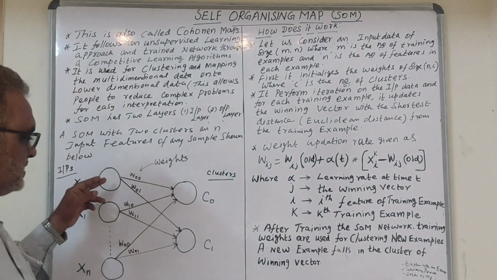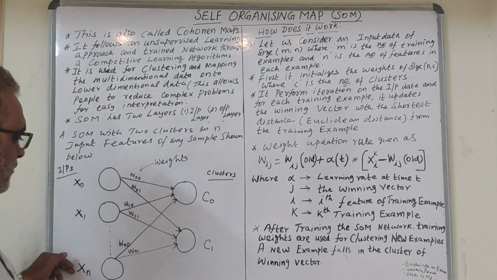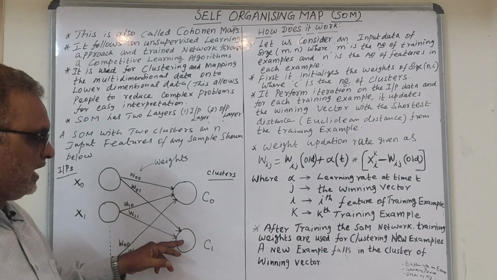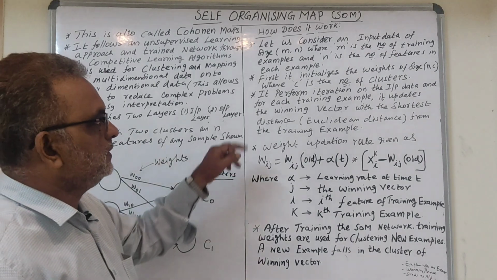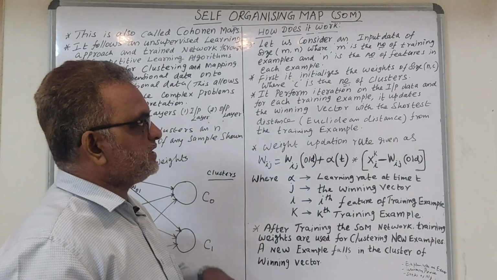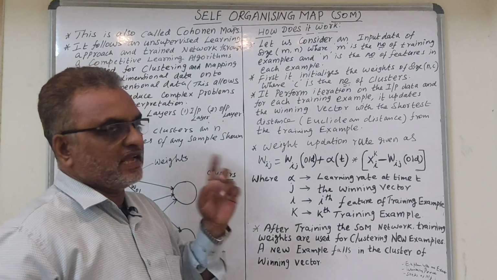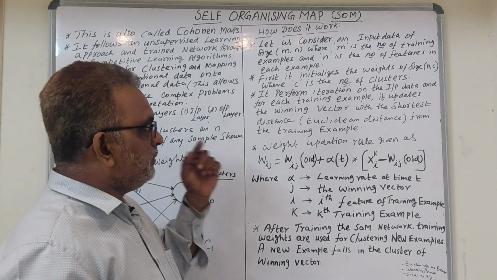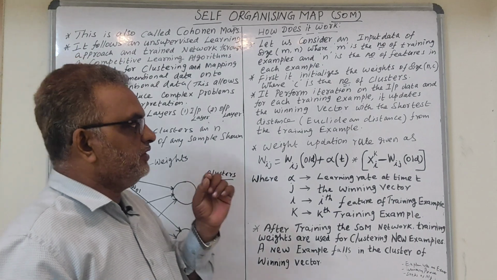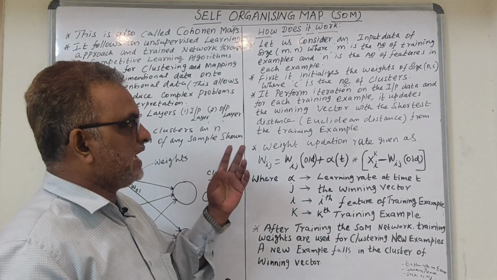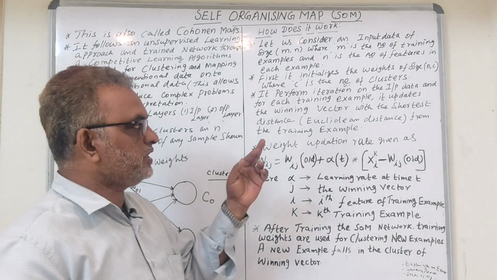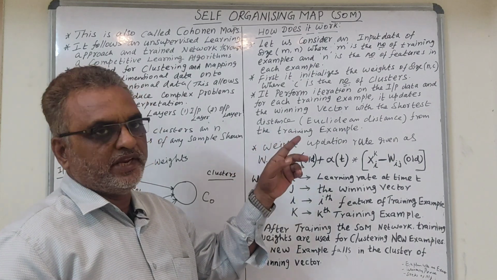As I said, in this case we have n number of input data and we have two clusters. It iterates over this input data, and for each training example it updates the winning vector with the shortest distance. It calculates the shortest distance using the Euclidean distance.